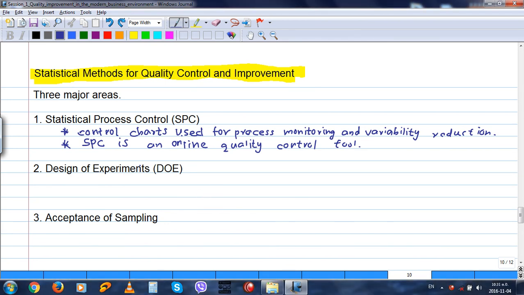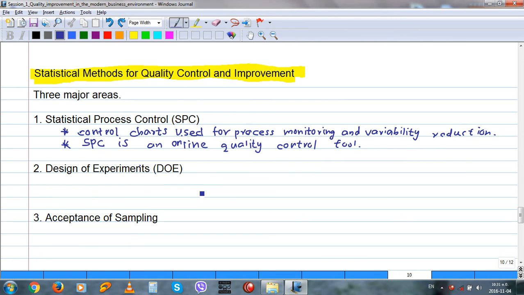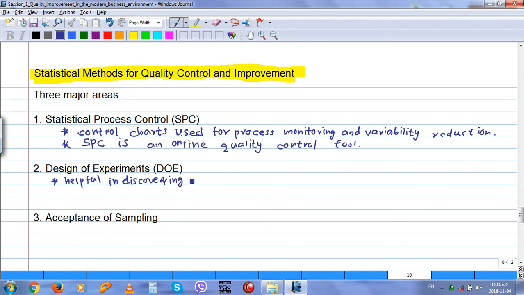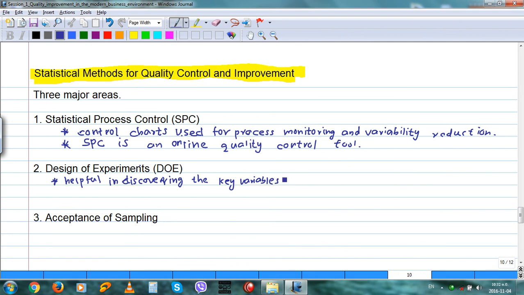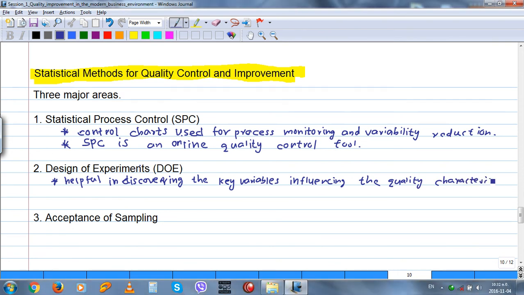This is helpful in discovering the key variables influencing the quality characteristics of interest in the process.